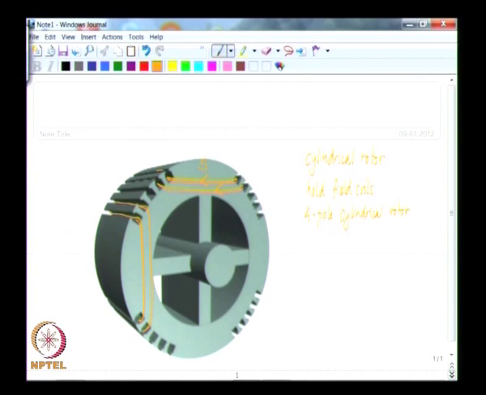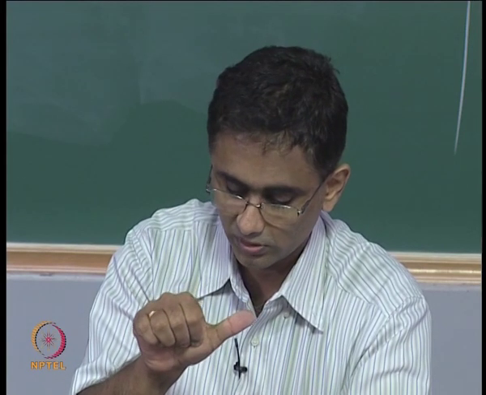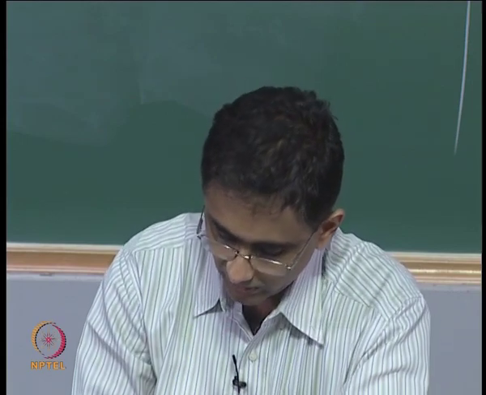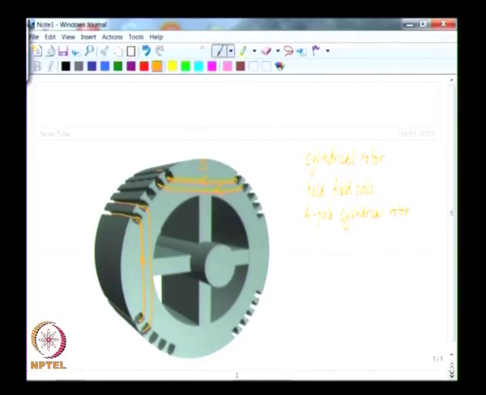That means the lines of field must be going out of the surface of the rotor. That means you need to have currents that are flowing like this in the rotor. Similarly, you will have a coil here, several turns, and similarly one more set of coils here, and coils that are placed here.